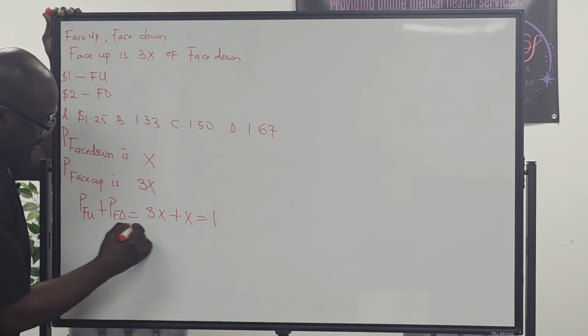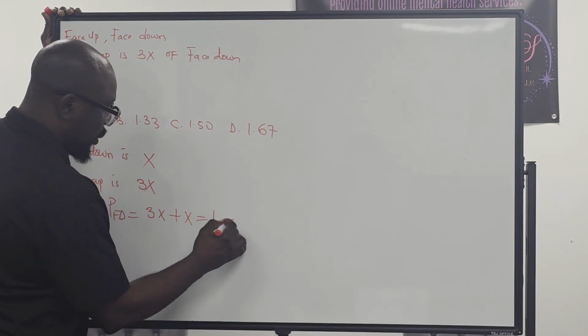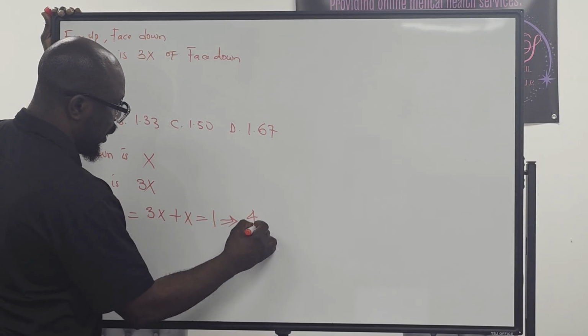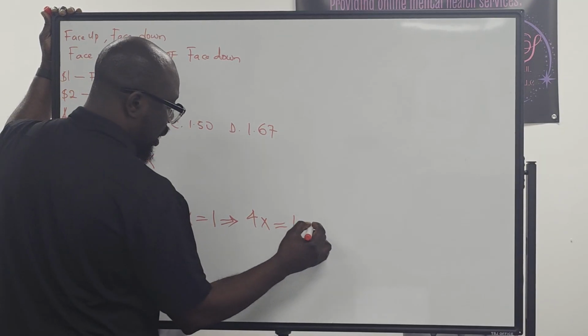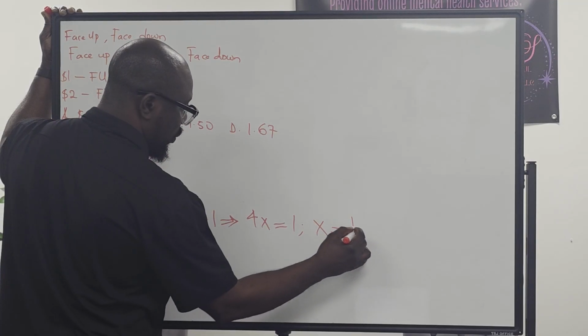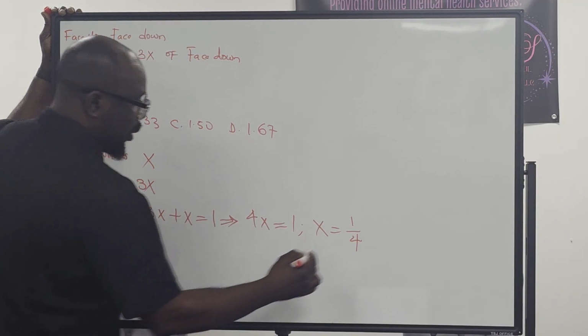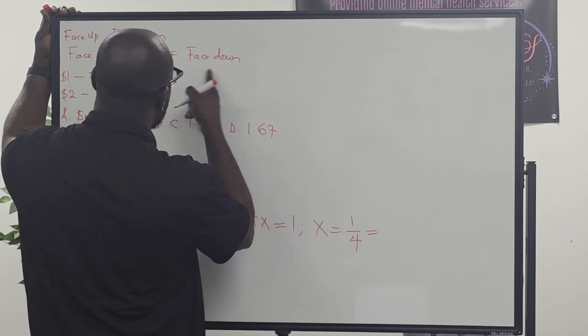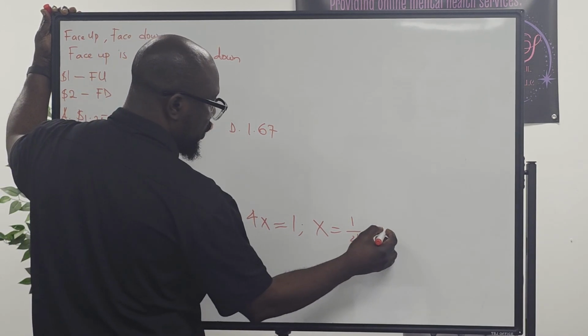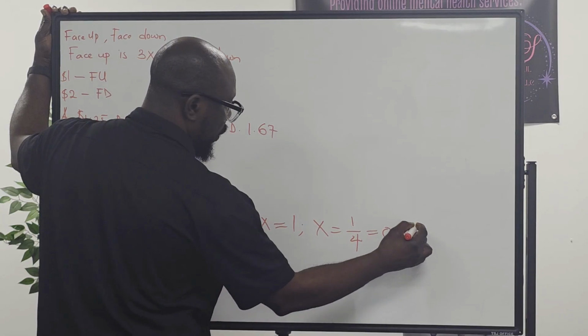So let's solve for these. 3x plus x is 4x, which is equal to 1. So now we can say x is equal to 1 over 4. And 1 over 4 is the probability of face down, which is 0.25.